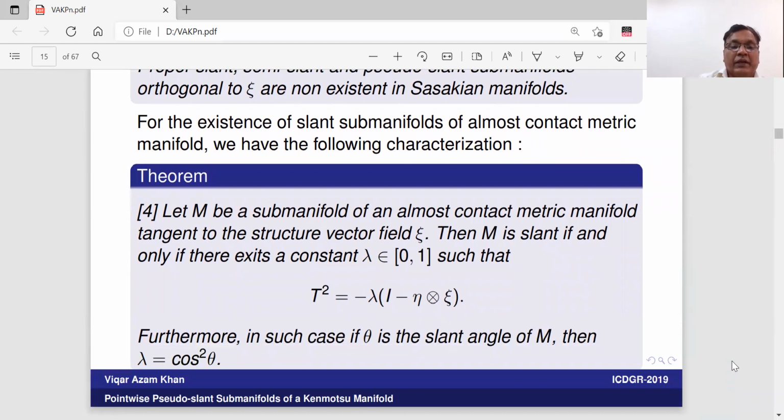That is, T squared is minus lambda times (I minus eta tensor xi), where lambda is cosine squared theta. When we deal with the pointwise slant submanifold, this theta is not fixed. At every point, it has a specific value. So theta becomes a function on the manifold. So this is to be kept in mind. Well, when M is a slant submanifold, theta remains constant throughout.